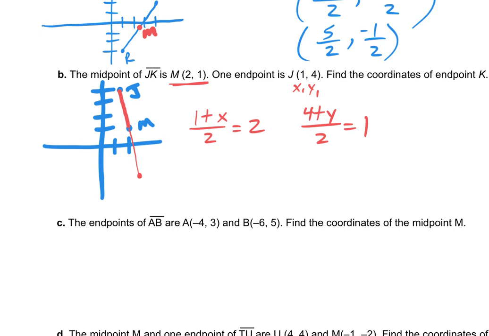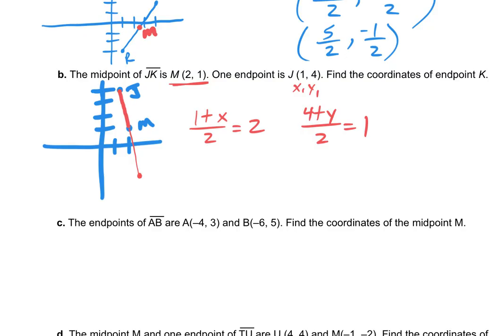What are we going to do to solve for x? What would be my first step? Combine these together? Can we do that? Are they like terms? No. Not yet, though. What do we have to do before subtracting the 1? Yeah, multiply by 2.